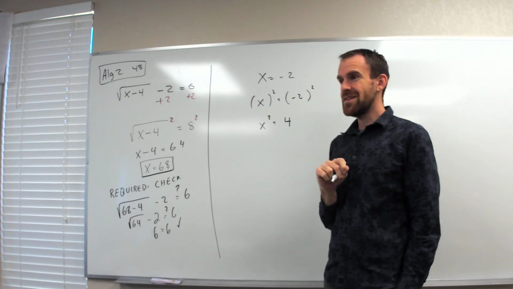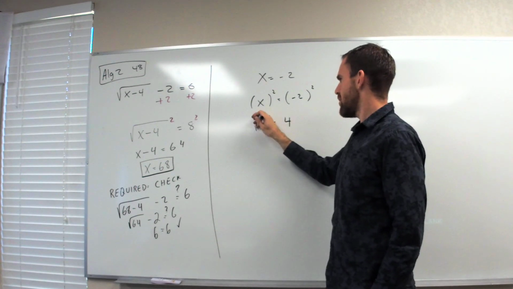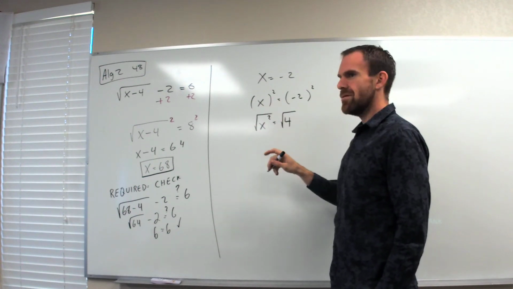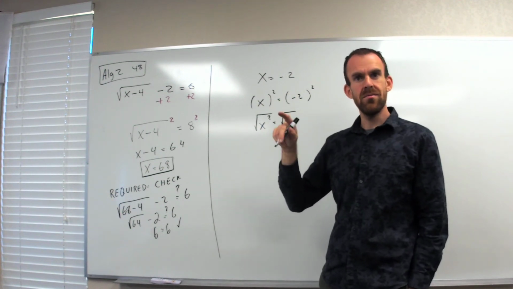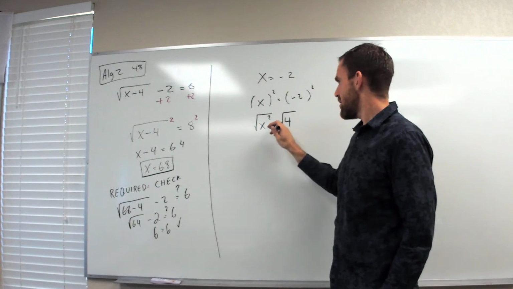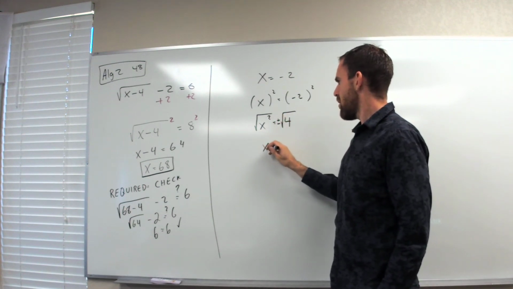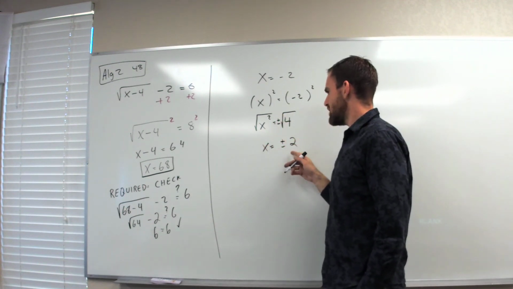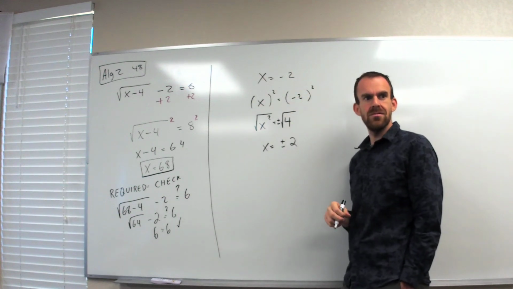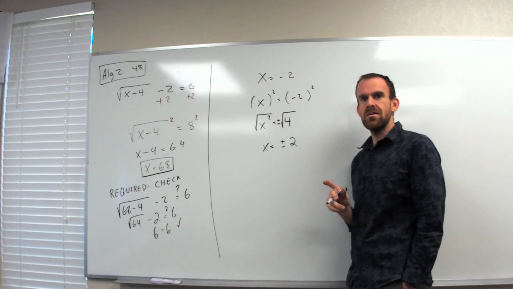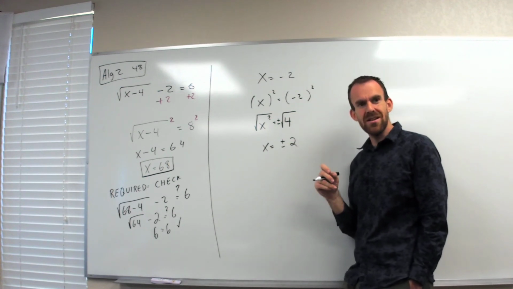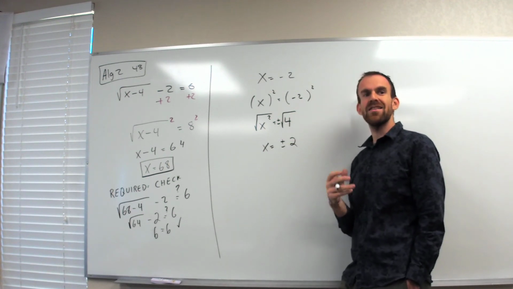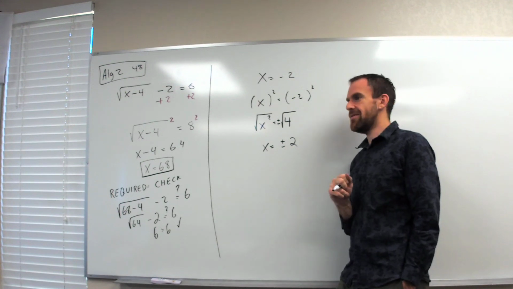Now I'm going to take the square root. Remember, anytime you take a square root, you need a plus minus, right? Is that true? No. When you square both sides, you are potentially adding an extra solution that is invalid.